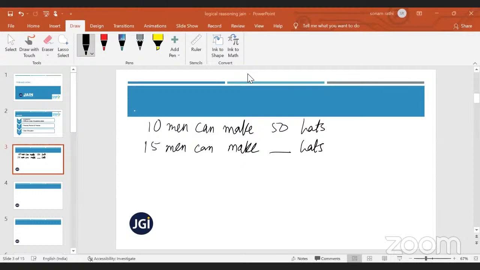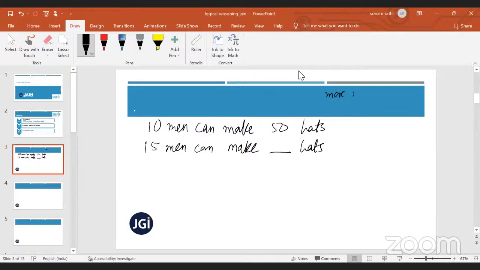Ten men can make 50 hats. Okay, 15 men can make how many hats now? Tell me, if I have more number of people, more work will be done, yes or no?